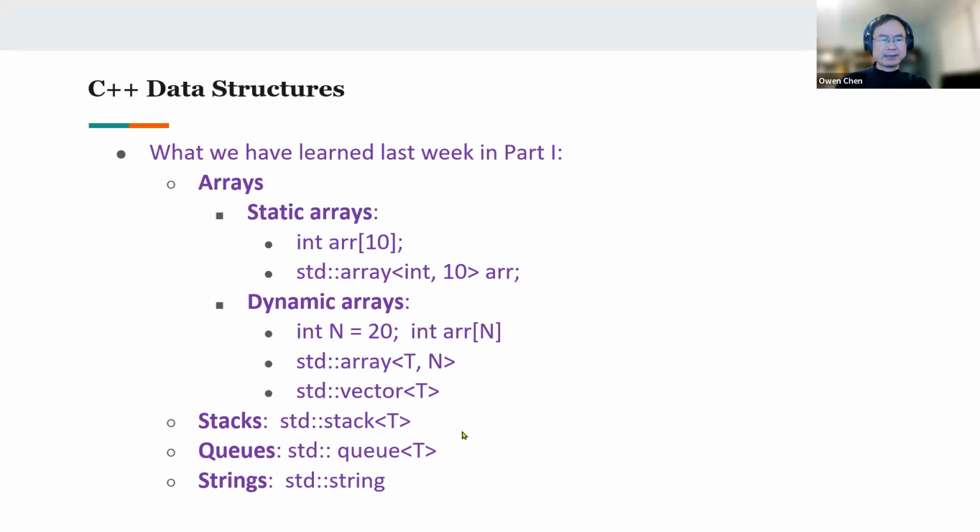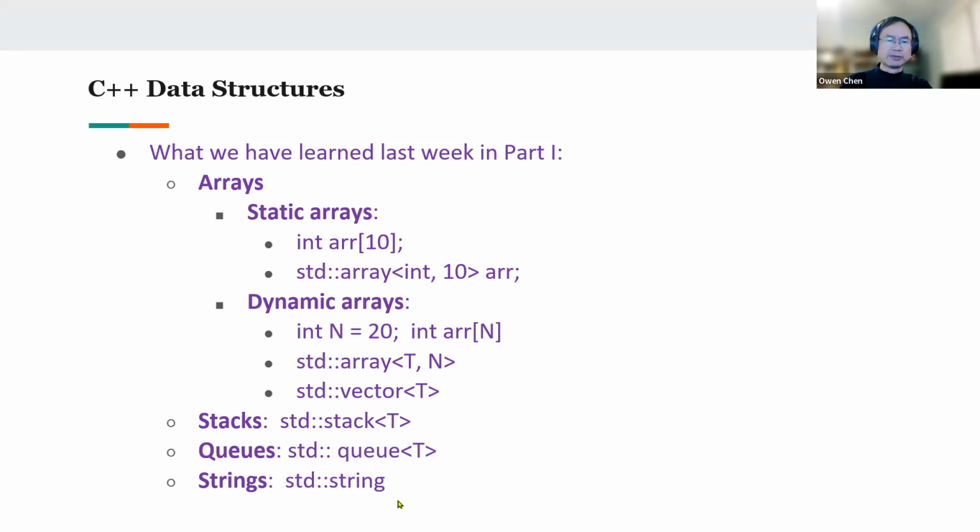Then the stack is a special type of data structure with just one way in and one way out. And then the queue is a special one where you enter from the end and then you get the element out from the front. So it's a FIFO one, versus the stack, which is LIFO, last in, first out.